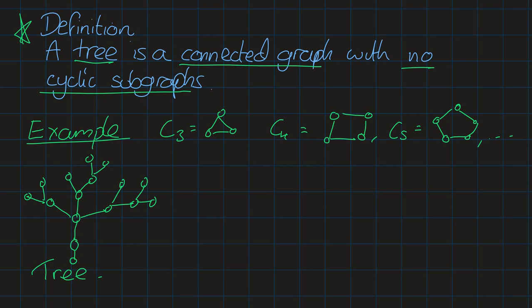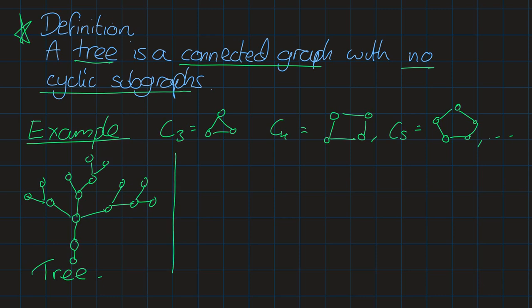It's impossible to do a loop, a circuit, inside a tree without repeating an edge. On these graphs over here, you can do a loop without repeating edges. But on a tree, if you want to get back to where you start, you have to repeat edges. And that's what makes a tree a tree.